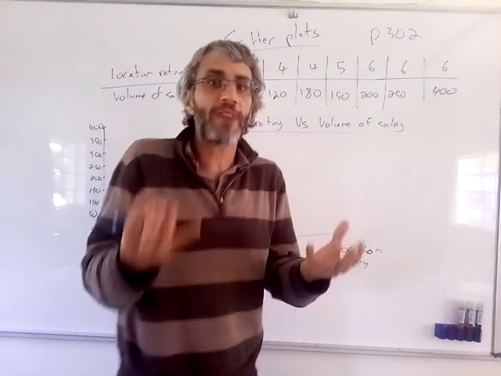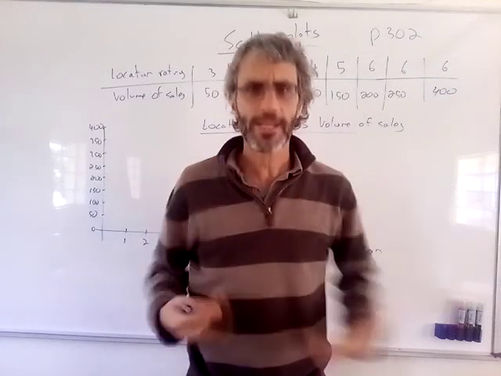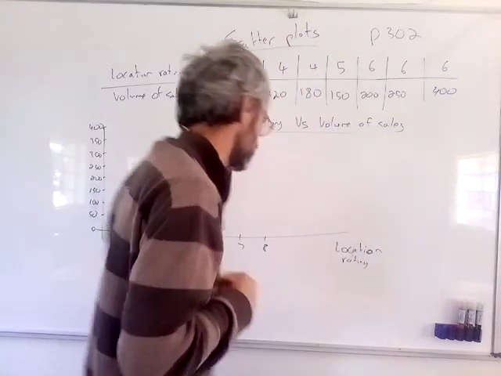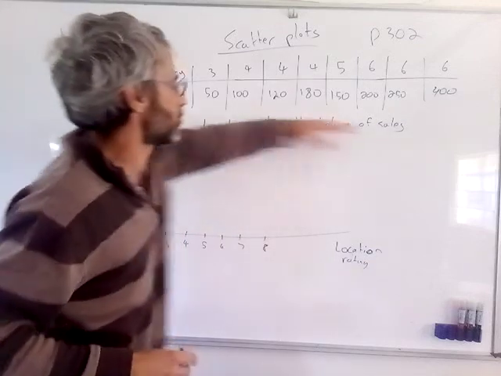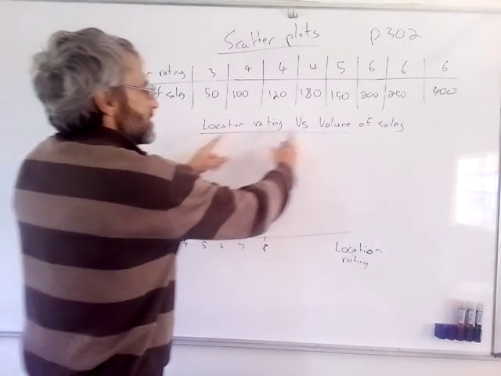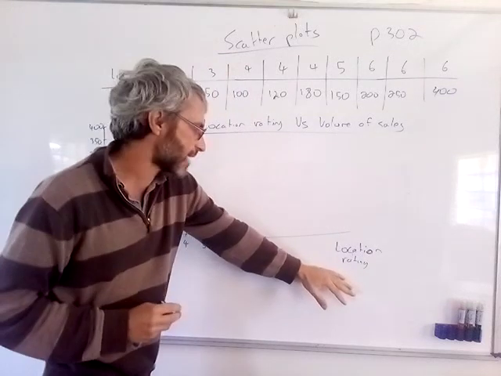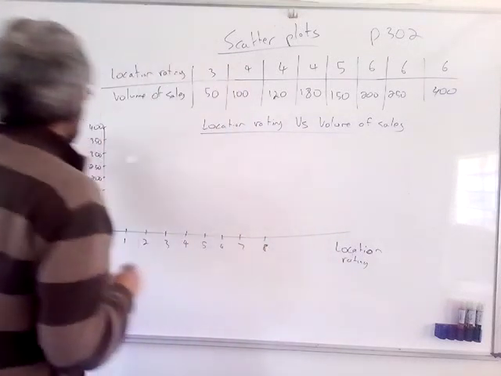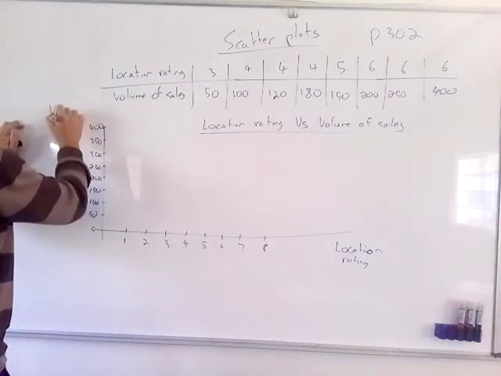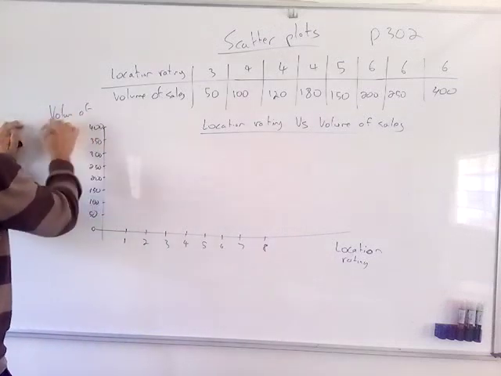And we're trying to see if there's a relationship, just like we do in a lot of science investigations. So just like in science, we have to write down the title: location rating versus volume of sales. We have to label the axes, location rating. And here I'll write volume of sales.